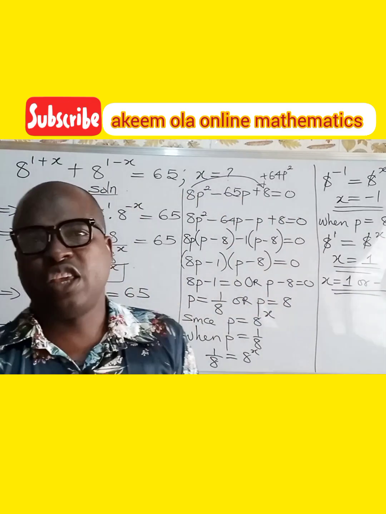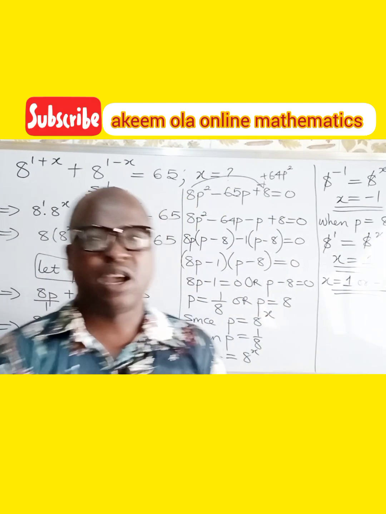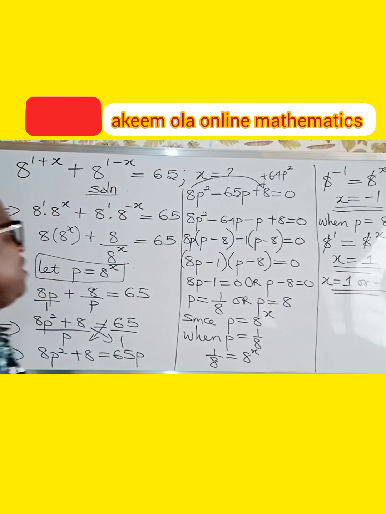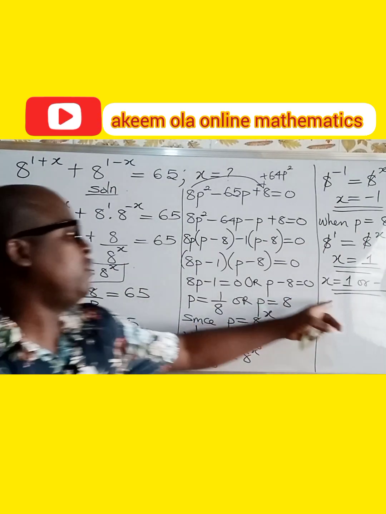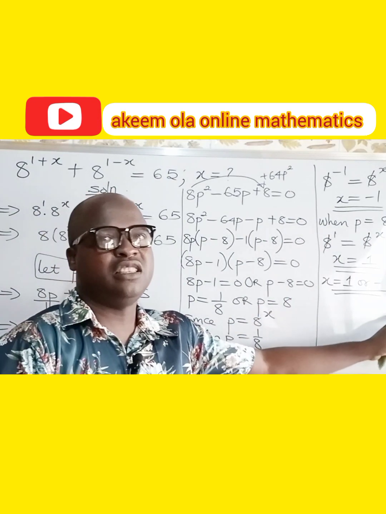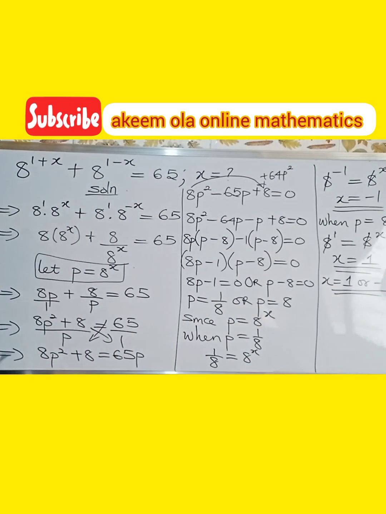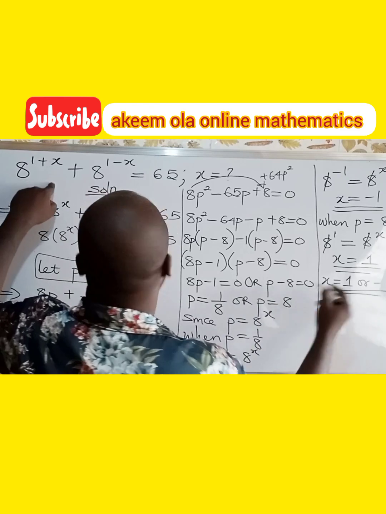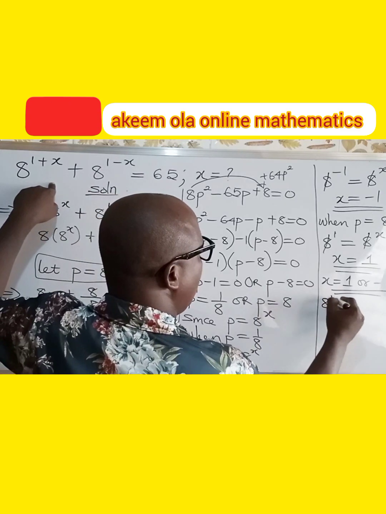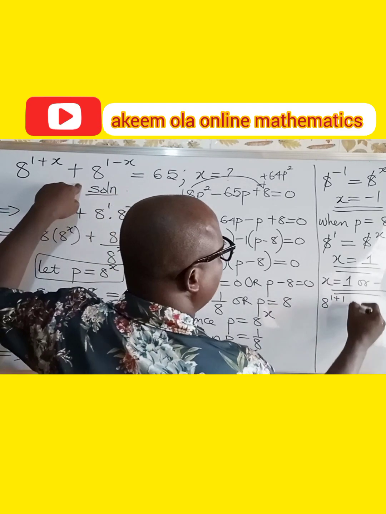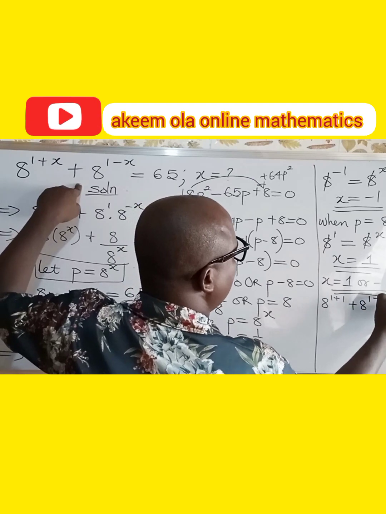You can actually confirm if the answer is right or wrong. To do so, you can substitute the values of x, 1 and minus 1, into this equation. Let's try with the first one. When x is equal to 1, I have 8 raised to power 1 plus 1 plus 8 raised to power 1 minus 1.